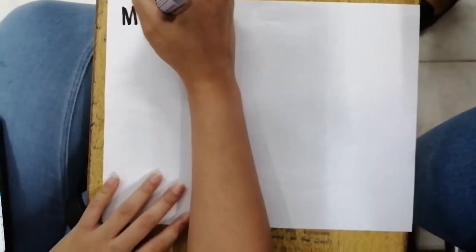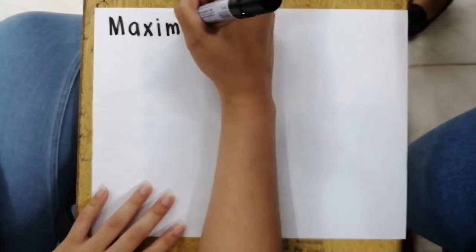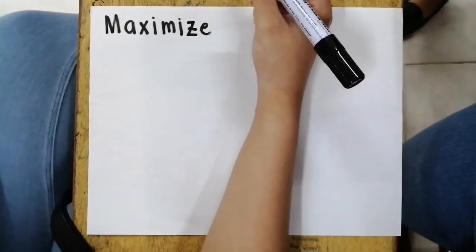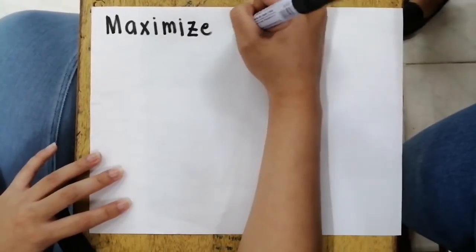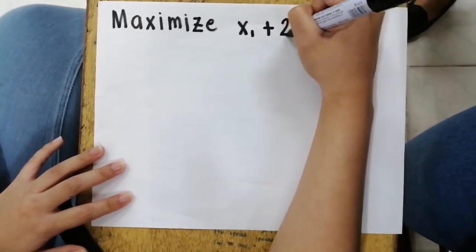The problem we are going to solve today is a maximization problem with the objective function of x sub 1 plus 2x sub 2.